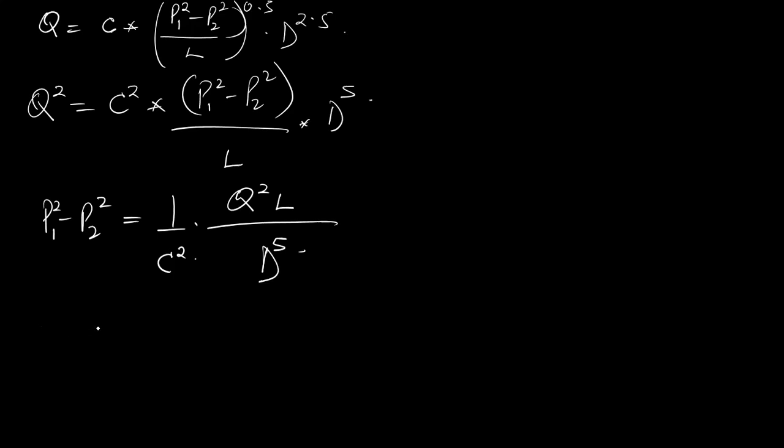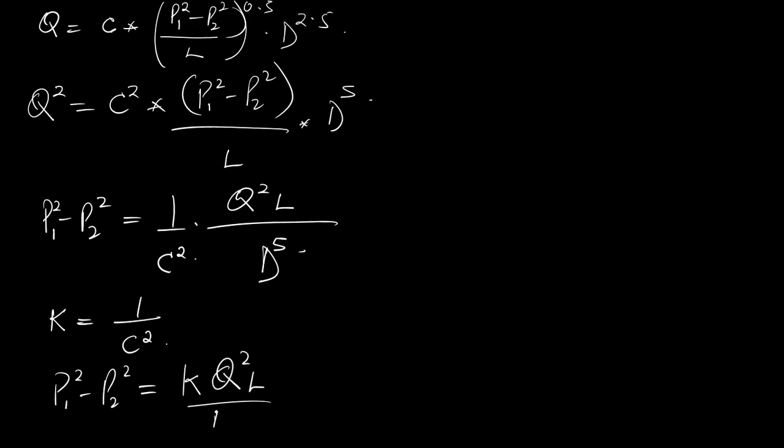Now, if we assume that K is equal to 1 all over C square, we finally have P1 square minus P2 square is equal to K Q square L all over D raised to the power 5.